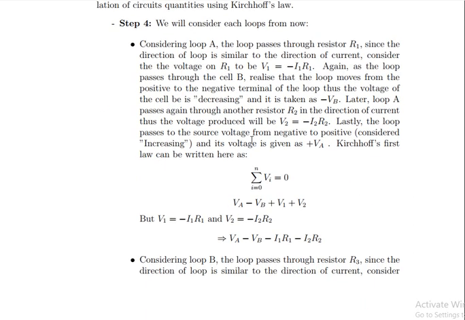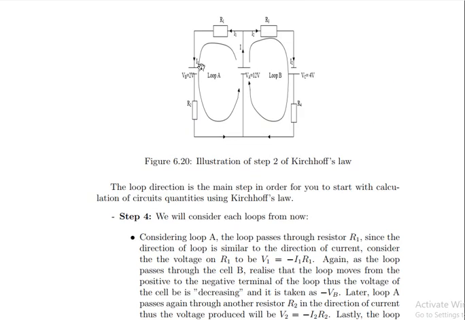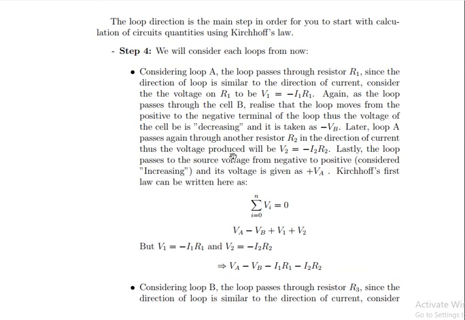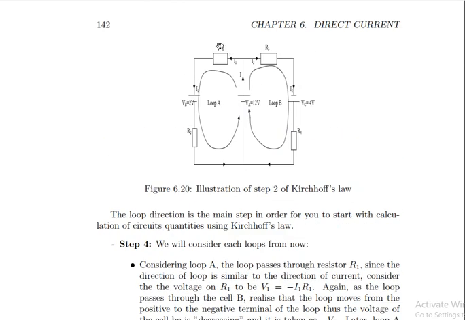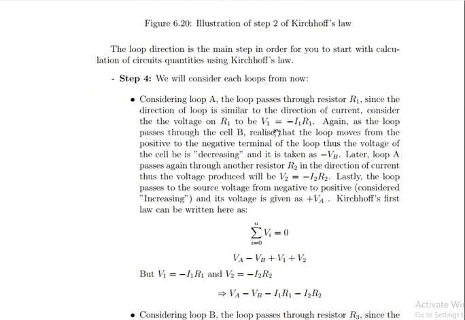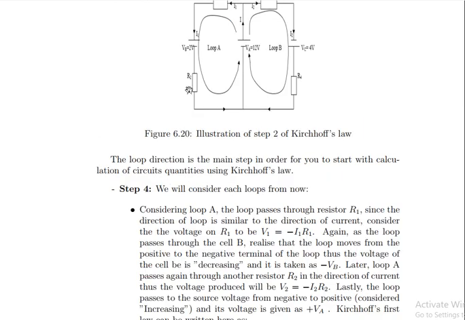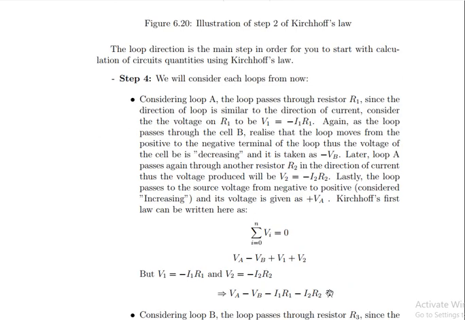So this is going to be written as VA minus VB minus I1 R1 minus I1 R2. So this is I1 here and not I2.